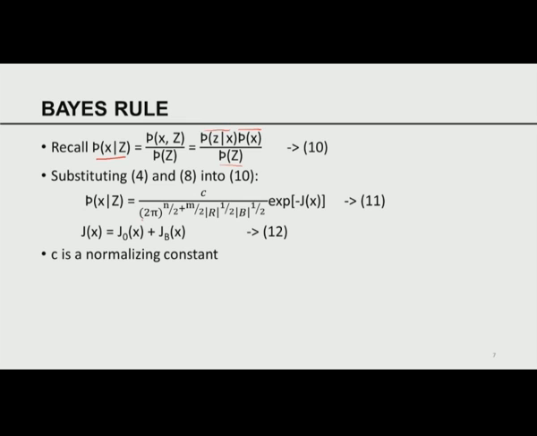If I did that, I get this multiplying constant times exponential minus g of x, where g of x is simply J naught of x plus JB of x, and c is some normalizing constant. We have looked at this kind of a ratio under normal distribution. We have done several exercises in the chapter on Bayes least squares estimation. So I am trying to do very much similar to what I did in the past.